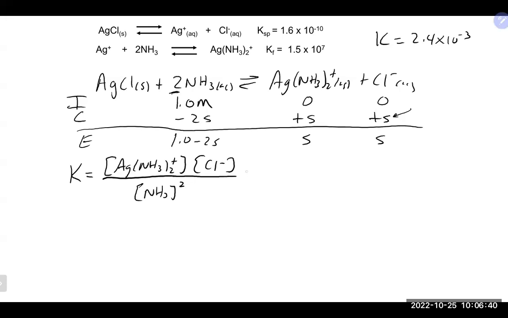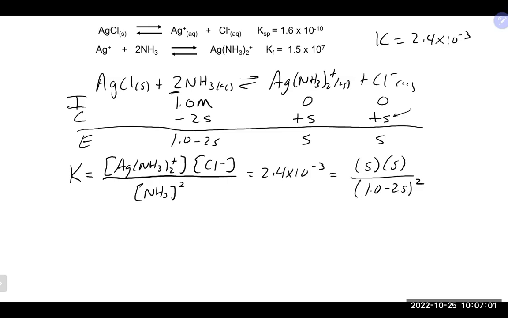That's going to equal our 2.4 times 10 to the -3. Putting in our values, we get S times S on top divided by 1.0 minus 2S, squared as well.